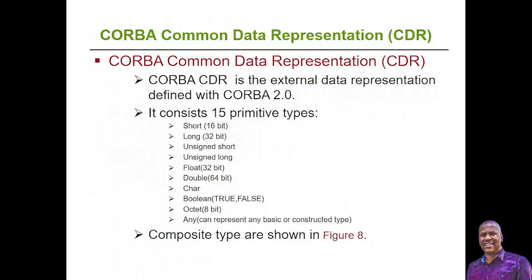So we also have another way of presenting data, and this is courtesy of the common data representation offered by CORBA. They represent data in different primitive values, like short and so on. You can see there are different data types that are normally associated with the common data representation.